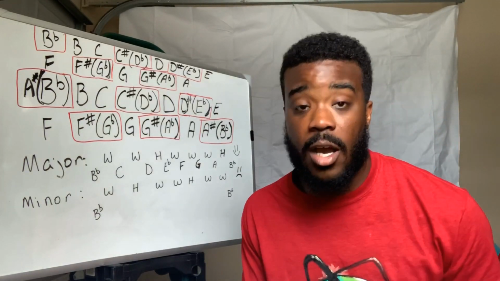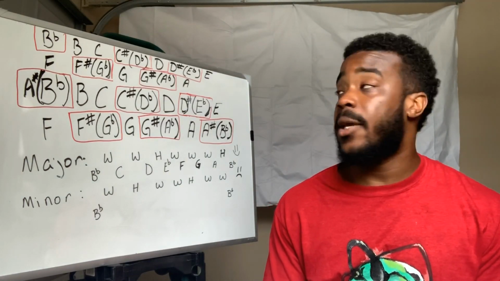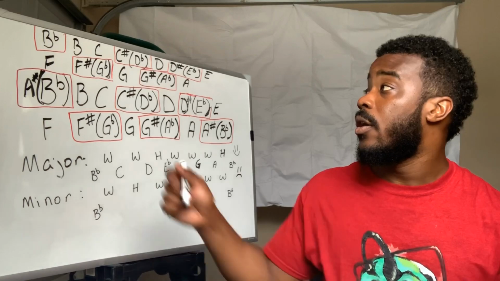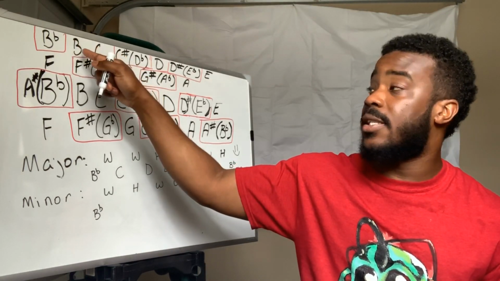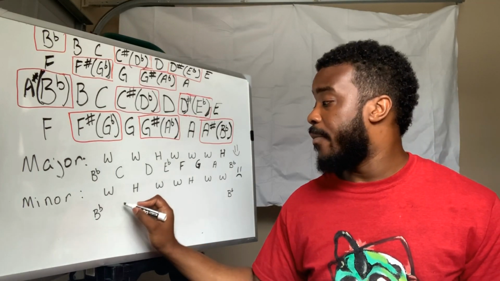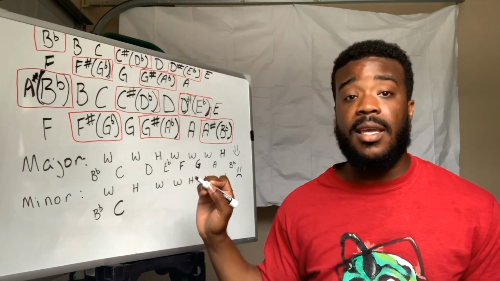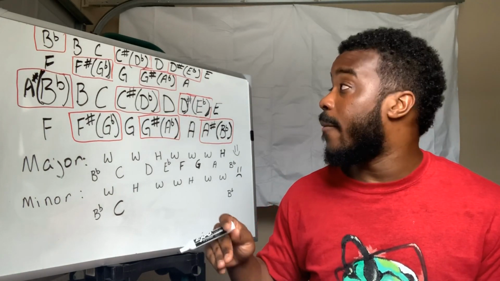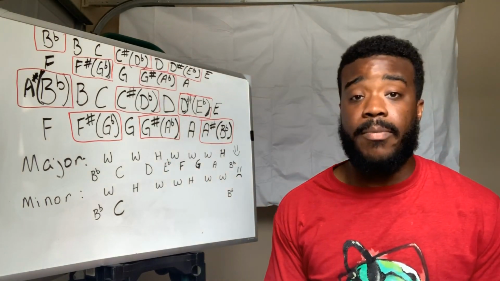Of course, we're gonna start off with B flat once again. Our first move is gonna be a whole step. So of course, we're gonna go from B flat and skip going next door and end up at C, right? So we have B flat and then C. Then we are gonna make a half step. We're not gonna make another whole step like in the major scale.